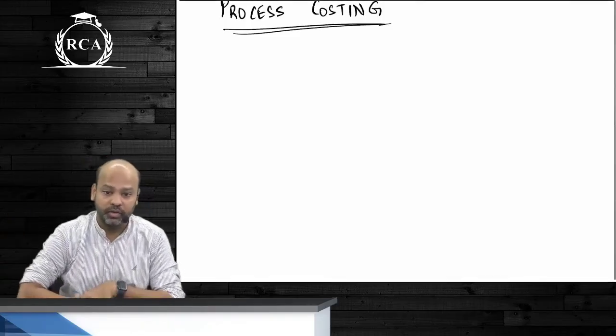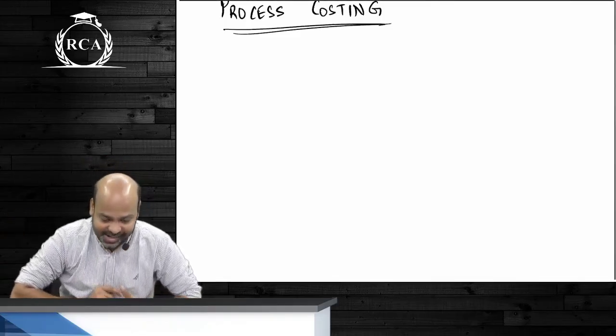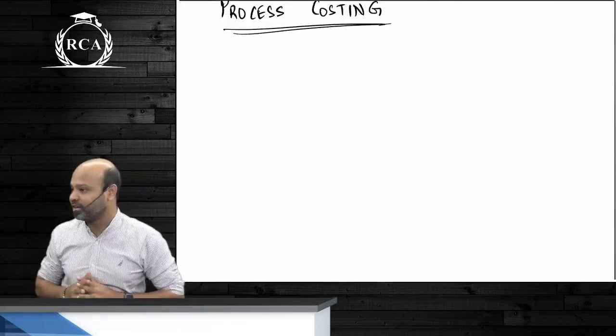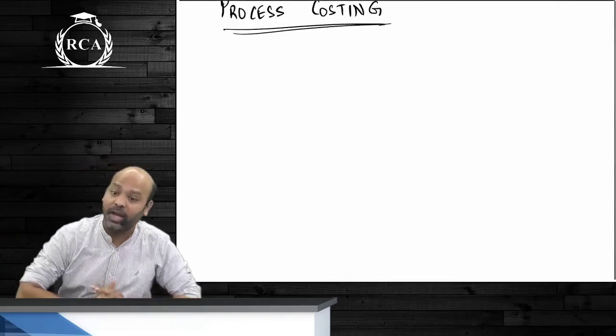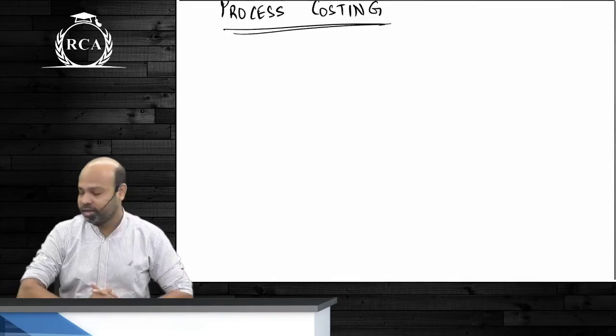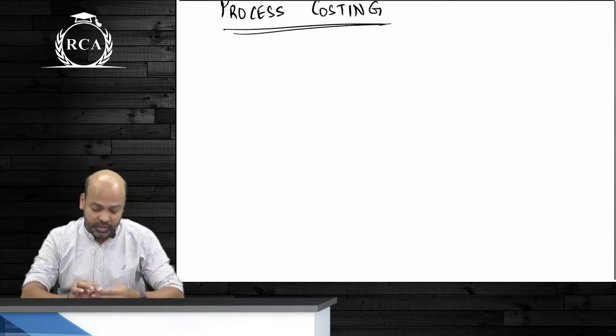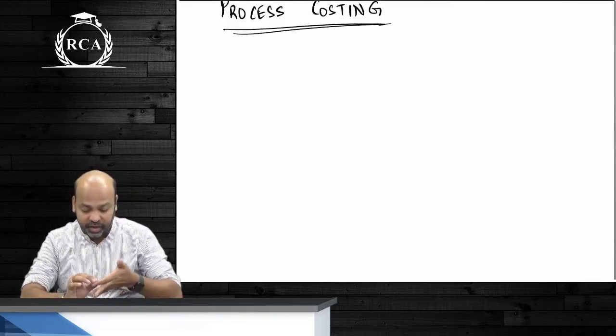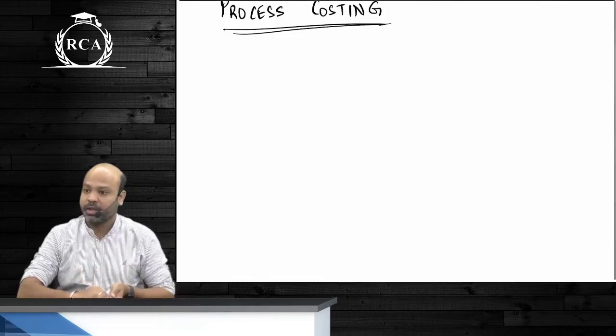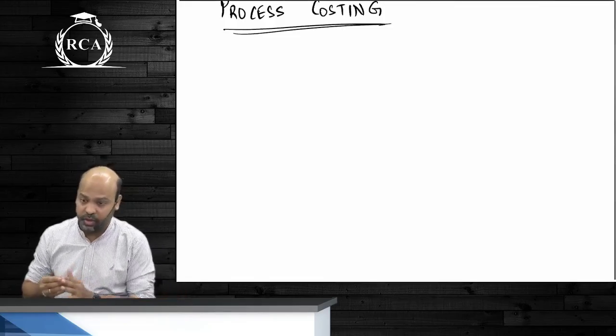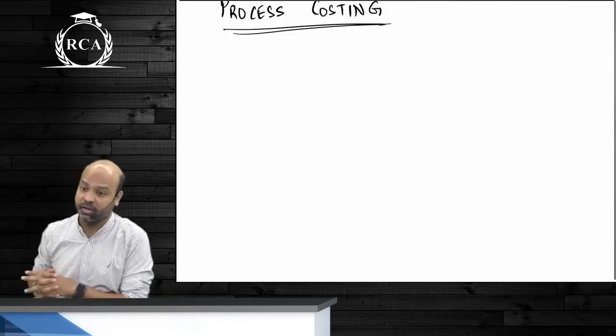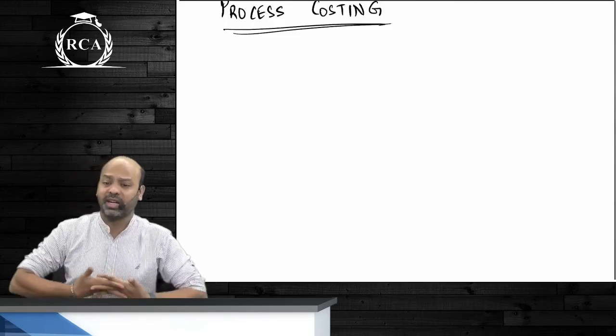Can there be losses at each stage? Normal, abnormal, however you would want to term it. Can there be inventory losses at every stage? Yes. Can the cost per unit of a foundation student differ from the cost per unit of a CA intermediate student? Can the cost per unit of an intermediate student differ from the cost per unit of a final student? Just understand that as an example, guys.